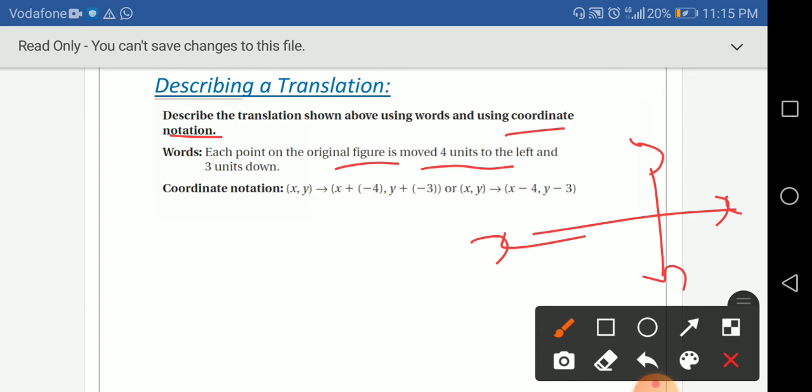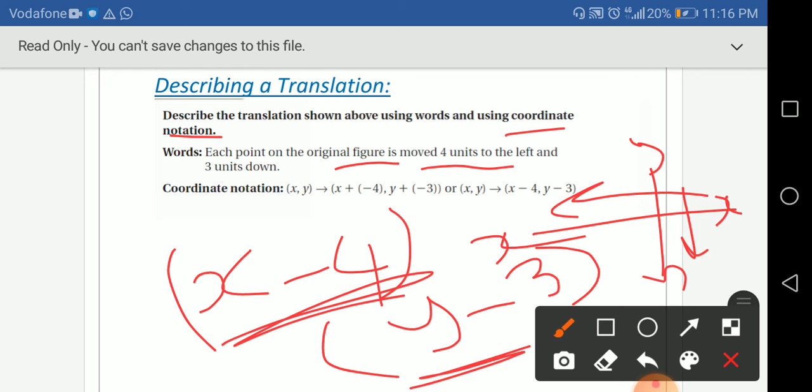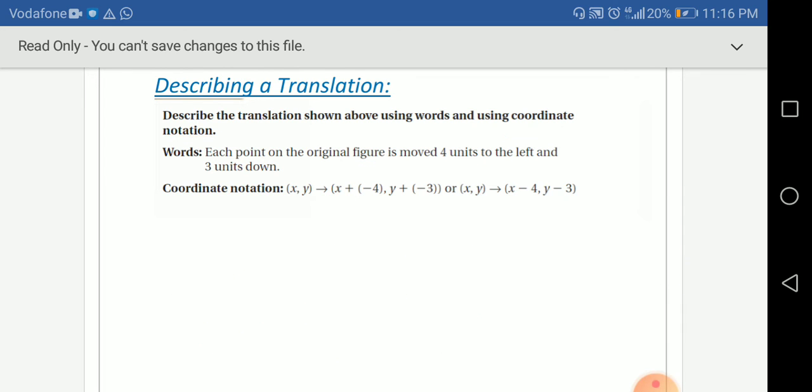So how many units to the left? Left means that I'm going like this. How many? 4. So I have x minus 4. What about y? 3 units down. So y down means also minus 3. So I got x minus 4, this is my rule, and y minus 3.